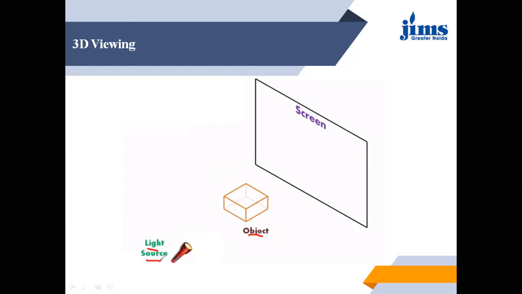Or you can understand that this light source is a human being, from where this object has to be seen. A screen is behind the object where we see the object.